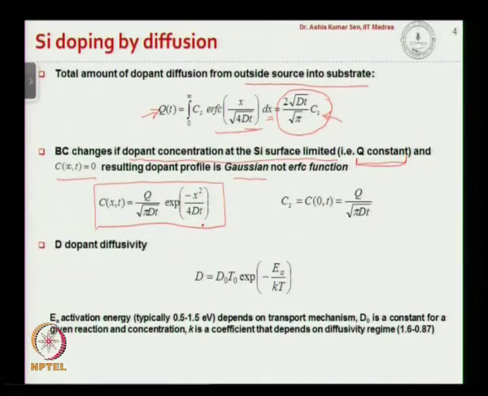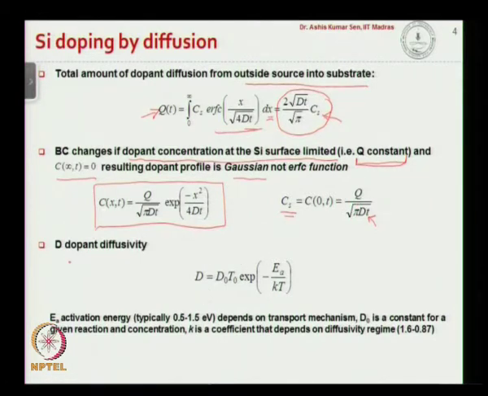Now here if you plug in x equal to 0, which is at the surface, then you get the surface concentration, which is not constant but a function of time. So that is the difference between the first case and the second case. Here the surface concentration is not constant but a function of time, so it reduces with time as 1 over square root of t.